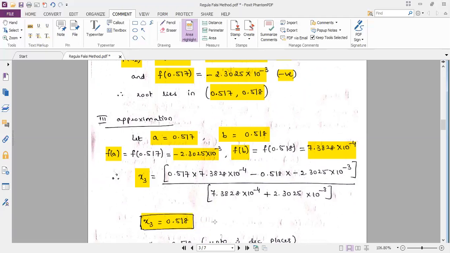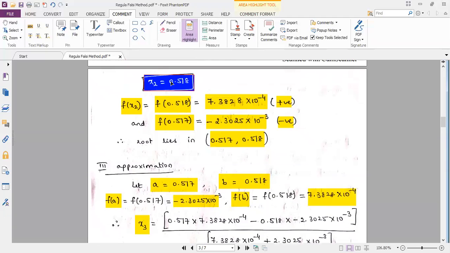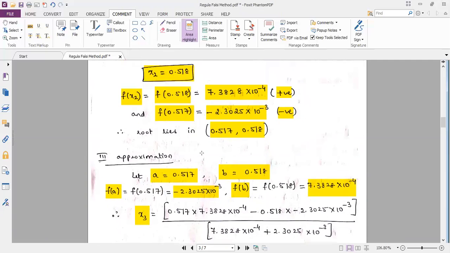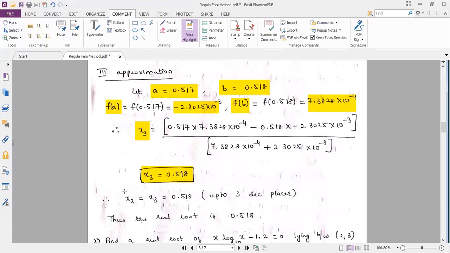Observe, x3 value is same as x2 up to 3 decimal places, which is 0.518. So since x2 is equal to x3, 0.518 up to 3 decimal places, we conclude that the real root of the given equation is 0.518.